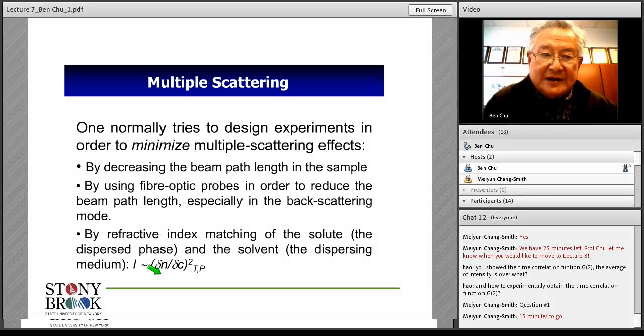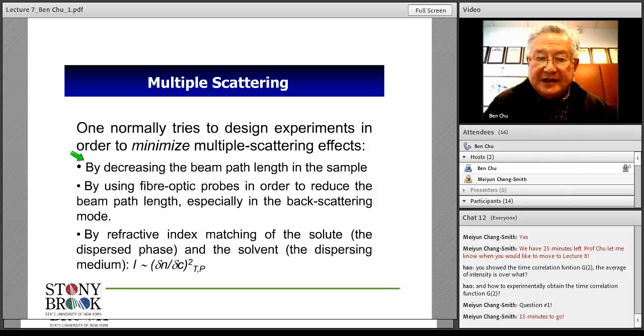So now comes what happens with more concentrated solutions, in a situation where scattering becomes very strong. We'll normally try to design experiments in order to minimize multiple scattering. Experimentally, you can do that in roughly 3 ways.